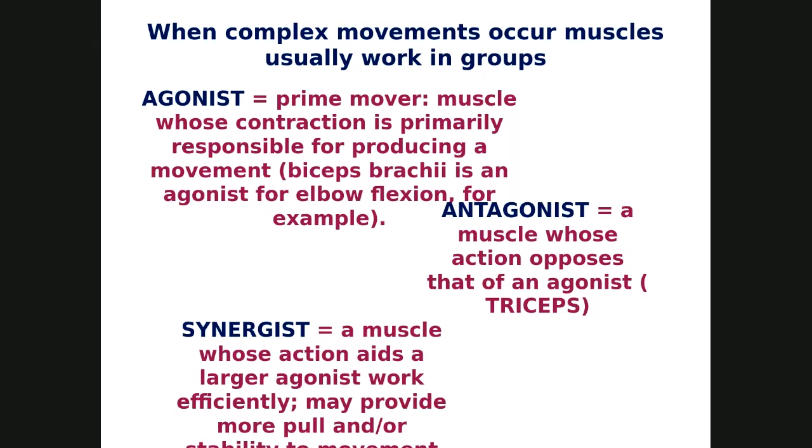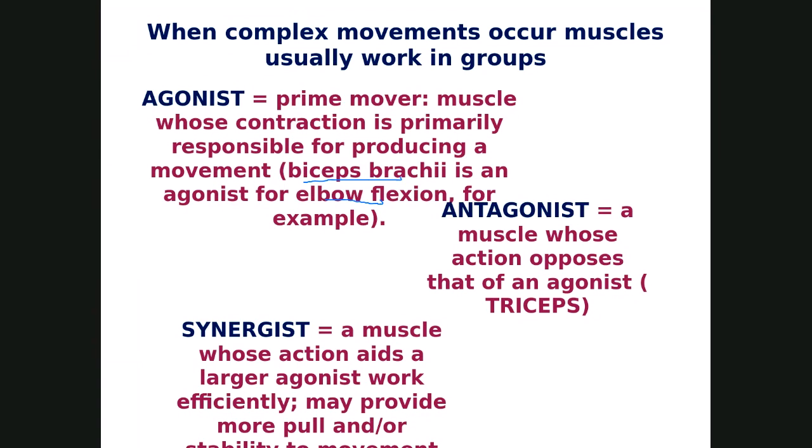So it's the muscle whose contraction is primarily responsible for producing a movement. So the agonist would be the biceps brachii when we're talking about elbow flexion. So in order for the agonist to function, often there's an antagonist.